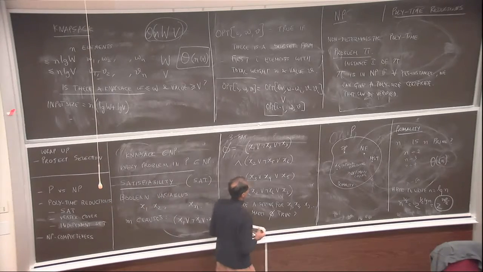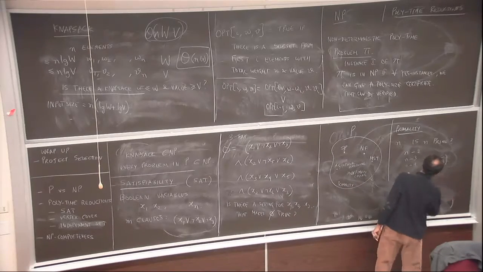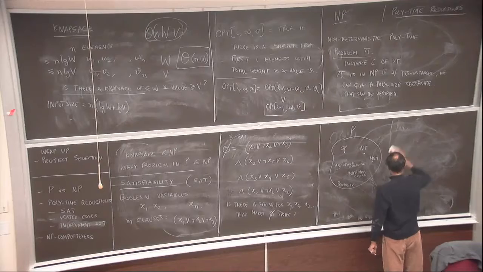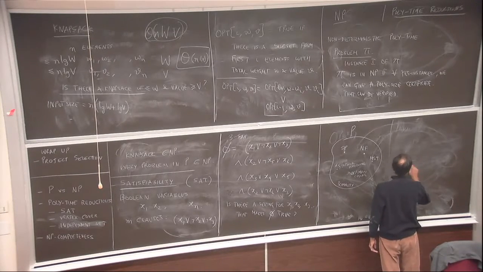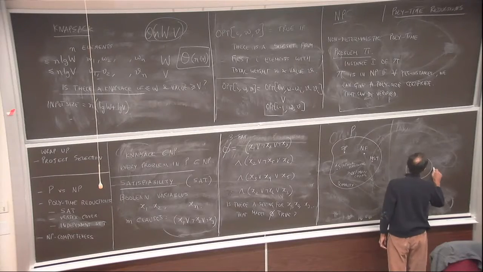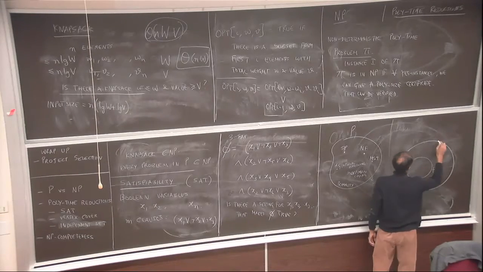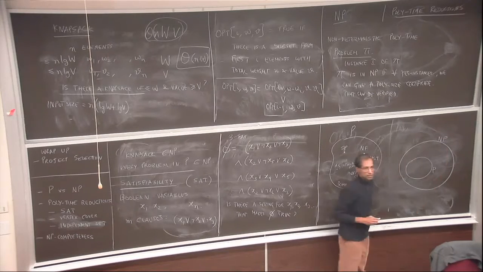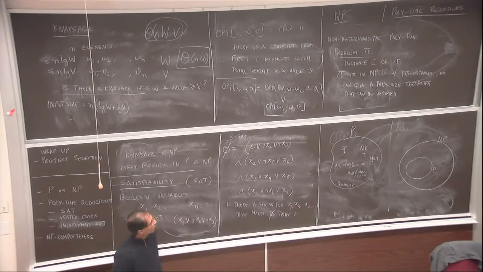So we have P and NP. Based on what we have observed, you have this class of problems P sitting here, and here the class of problems NP, which includes all of P. Okay?